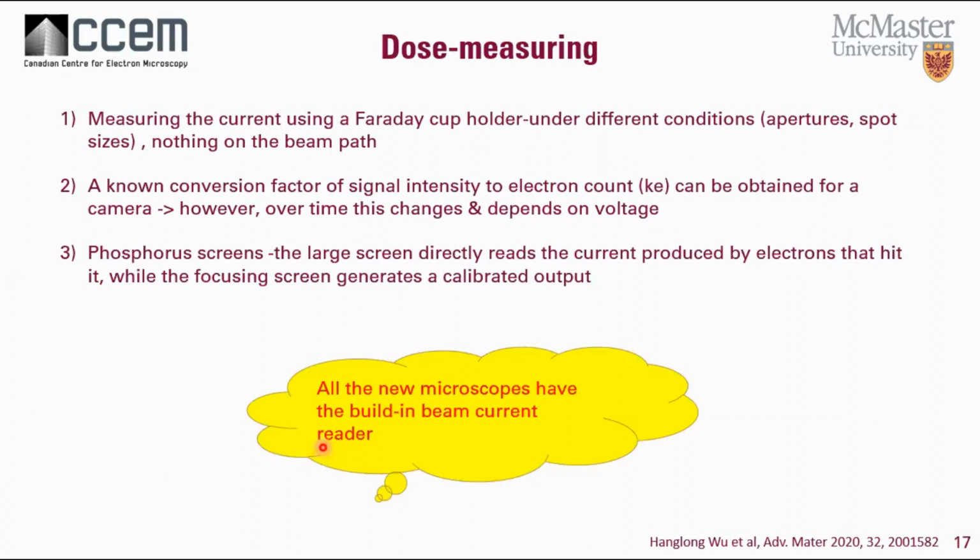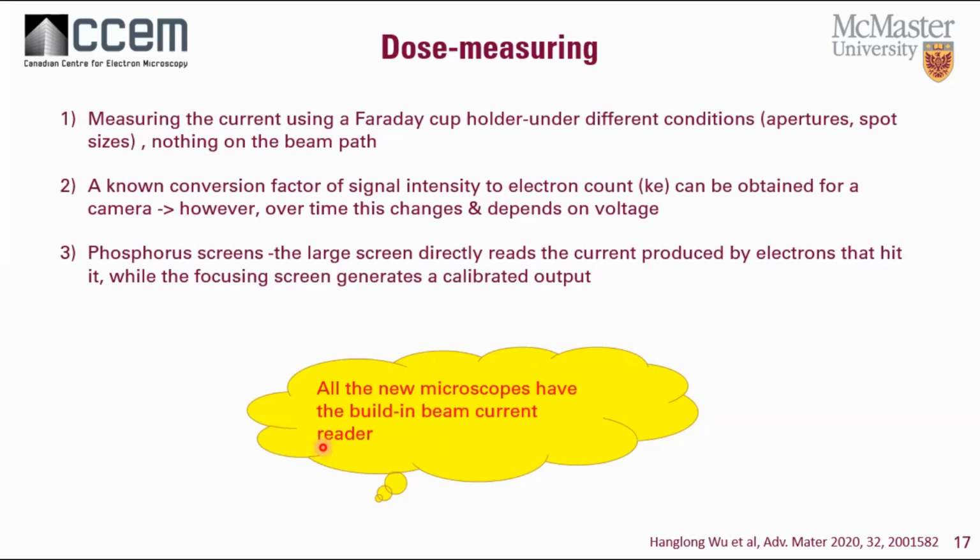So how do we actually measure the dose? The most accurate way is by measuring the current using a Faraday cup holder under different conditions like aperture, spot sizes, with nothing blocking the beam.